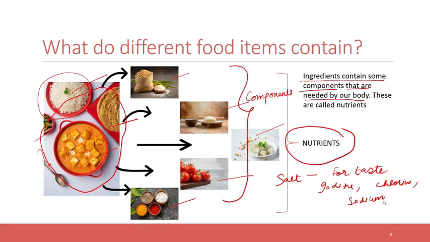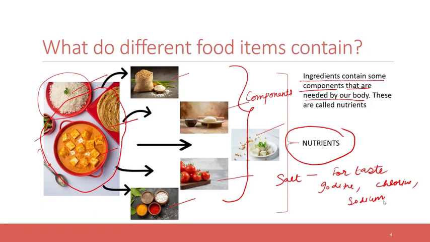Did you understand why I told you we need a variety of food in our meal? Because in different food items different components are present, which are called nutrients, and nutrients are very important for our health and growth, and they also help us in fighting many diseases. Okay, am I clear?